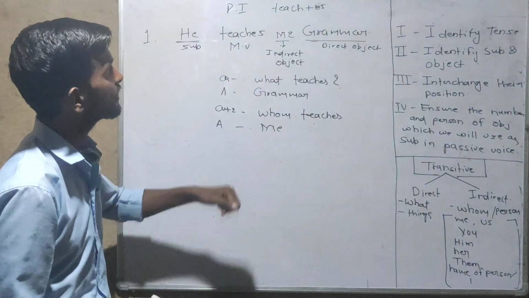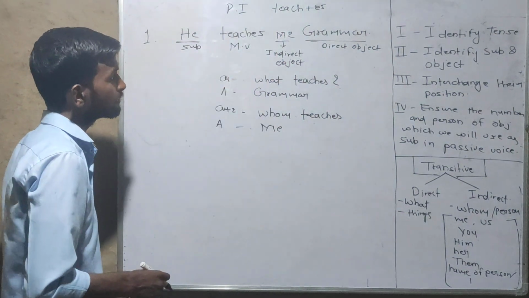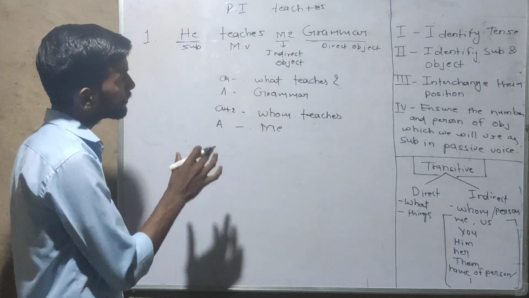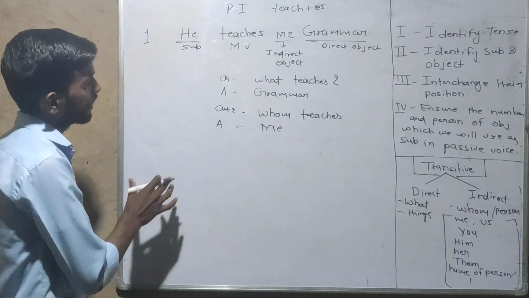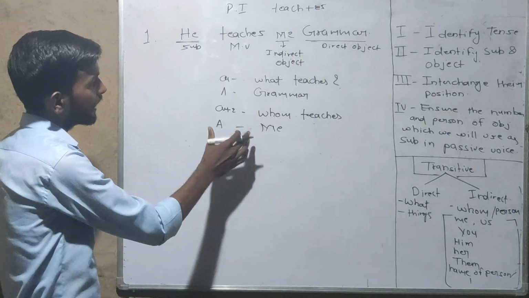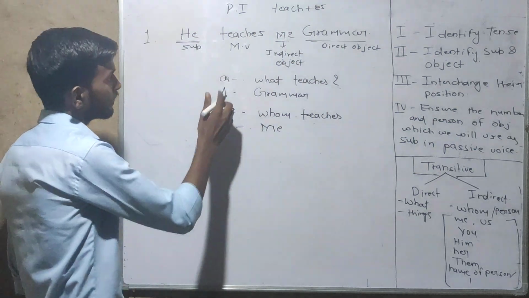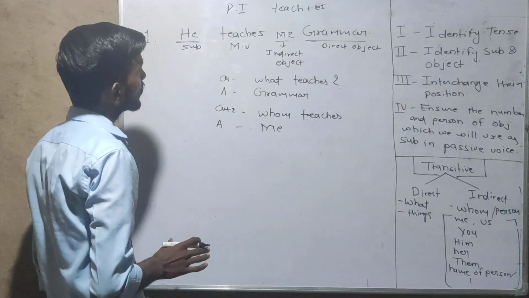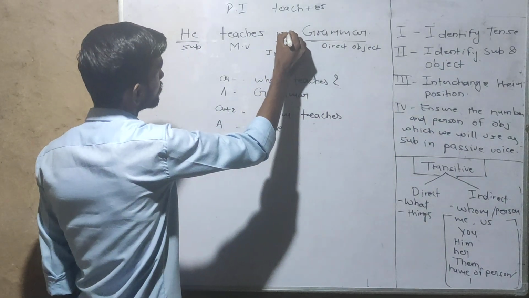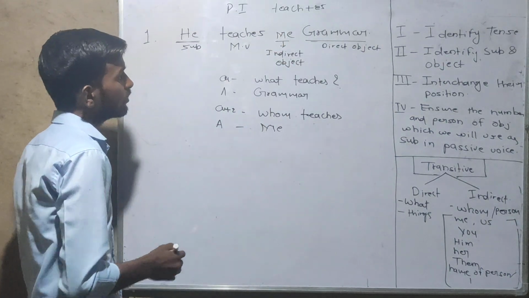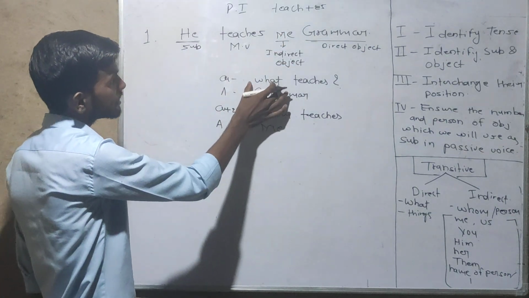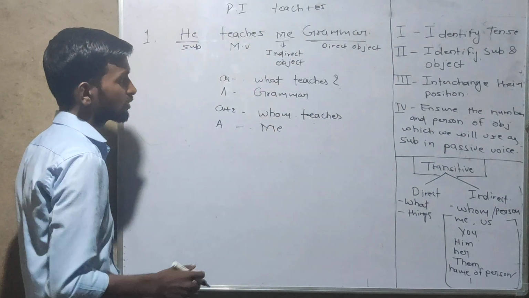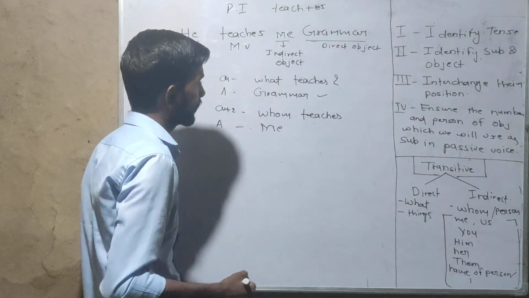Just like I have written a sentence here, "He teaches me grammar." I have applied these two questions, what and whom, just before the verb. What teaches? The answer is grammar.